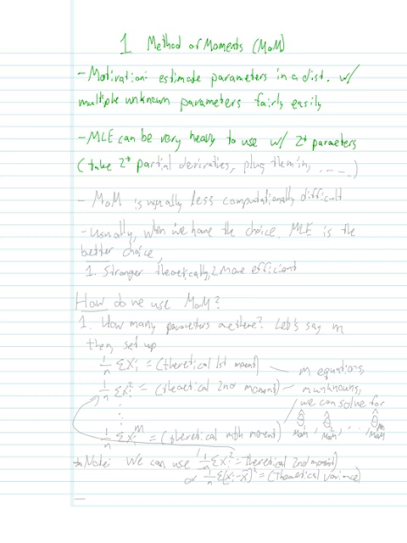Like, we had to take 2+ partial derivatives, plug them in, and just a lot, right? For some distributions, for example, the gamma distribution, you'd have a very, very hard time even finding the MLE.